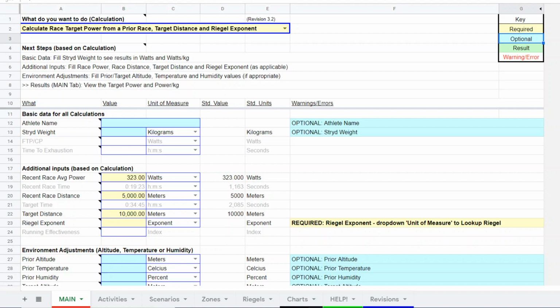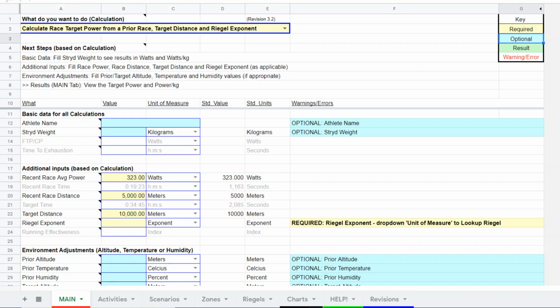And here's a little tidbit. If you have recently run a race, then why use that race power to estimate CP and then use the estimated CP to estimate a different race power?